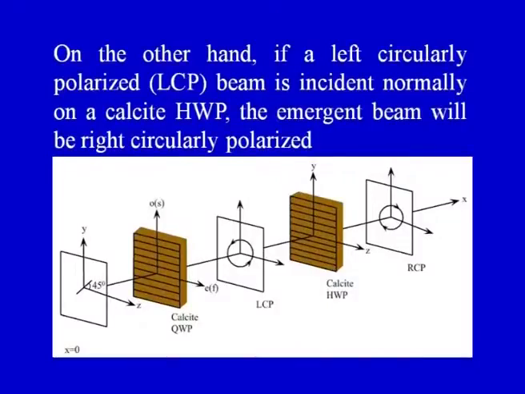Now, on the other hand, if a left circularly polarized beam is incident normally on a half wave plate, the emergent beam will be right circularly polarized. You see, initial plane polarized light passes through a quarter wave plate, becomes a left circularly polarized light, passes through a half wave plate, becomes a right circularly polarized light.